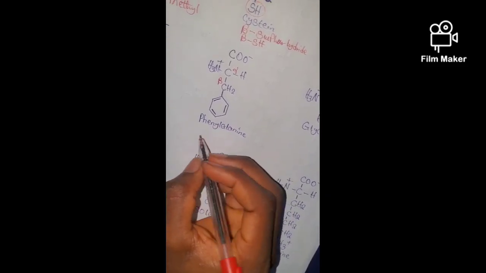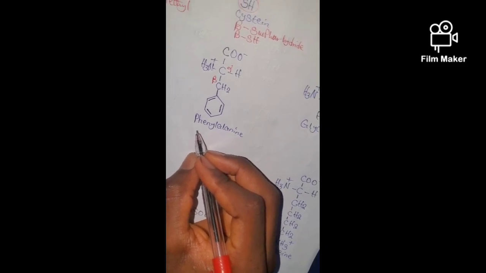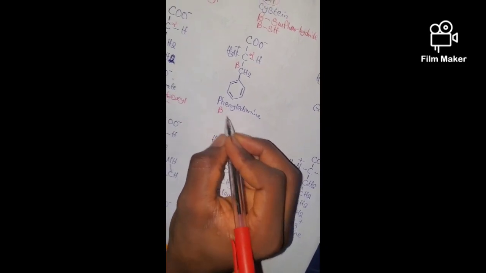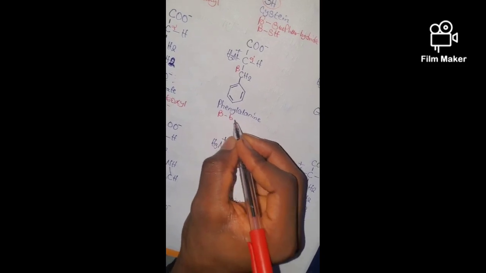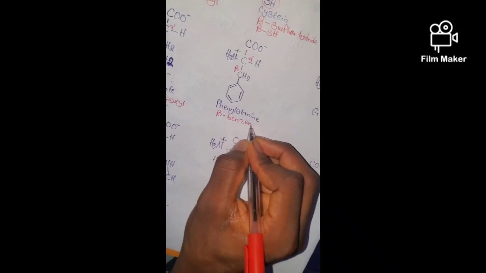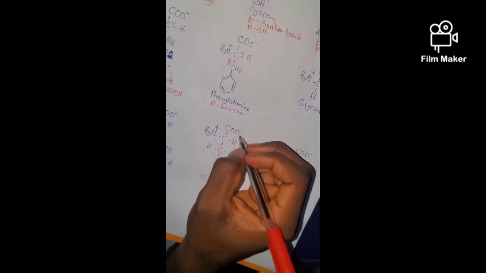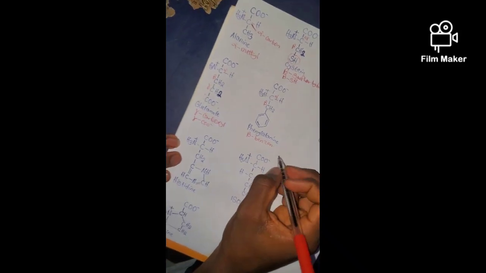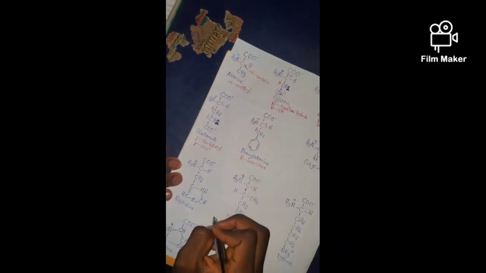Okay, so we can abbreviate the structure as beta benzene. I hope you're following. This is beta benzene.